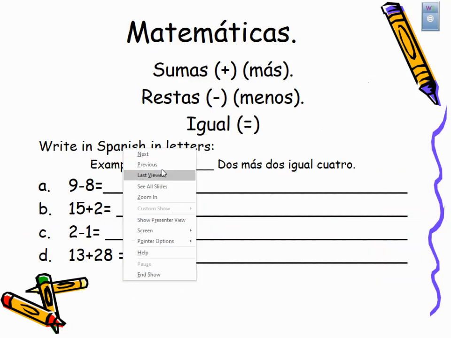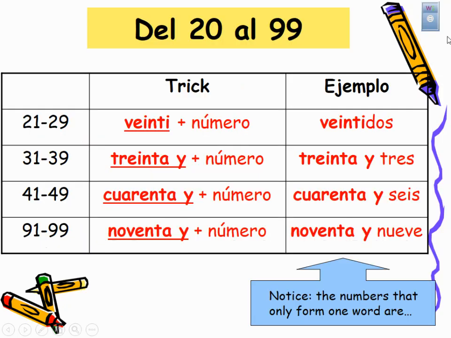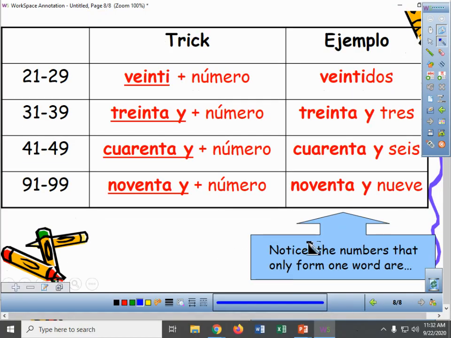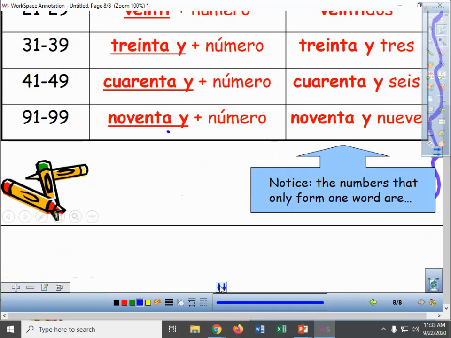Okay, so before we do this, I want to practice with this. Okay. So we're going to practice with the number 55.